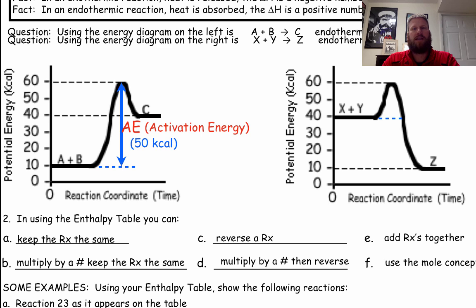This is determined by taking the energy from the peak, 60 kcals, and subtracting the energy of the reactants, 10 kcals. The activation energy for the diagram on the right can be found by taking the energy at the peak, 60 kcals, and subtracting the energy of the reactants, 40 kcals, which gives you an activation energy of 20 kcals.